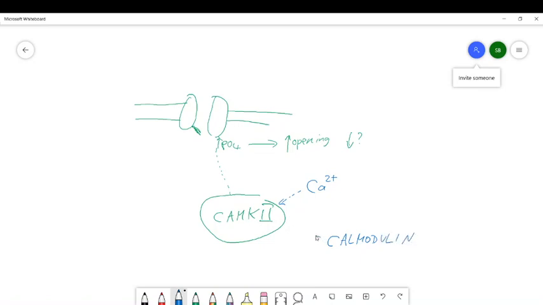And these two together control CaMKII, and that in turn controls its various targets.